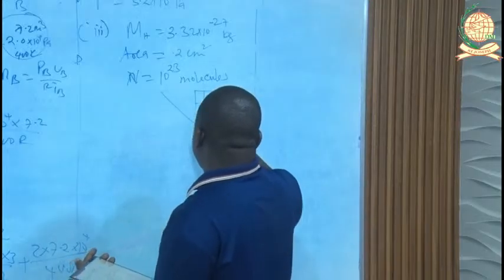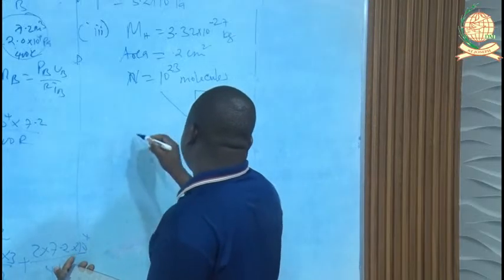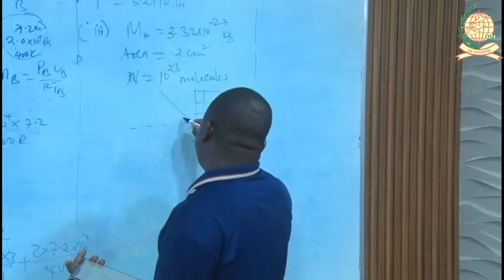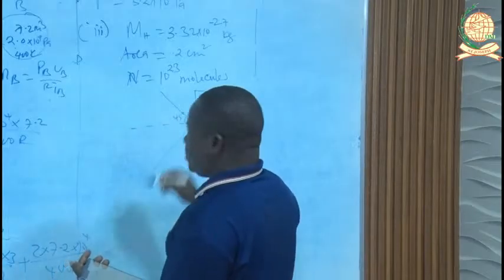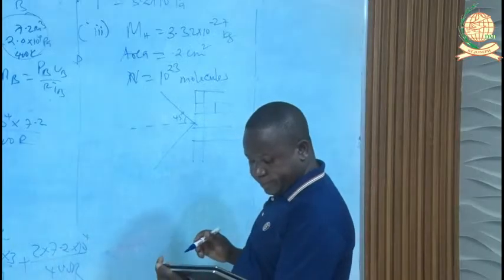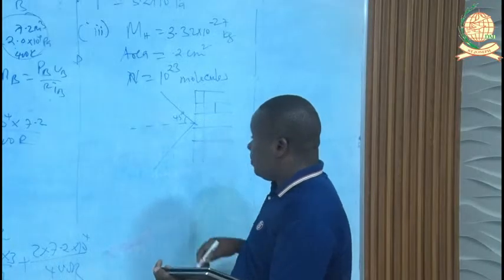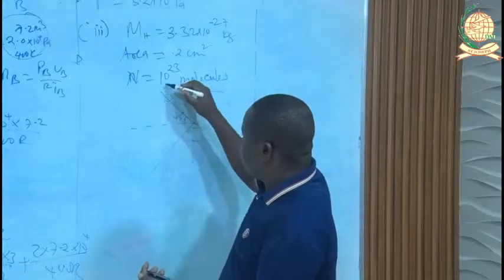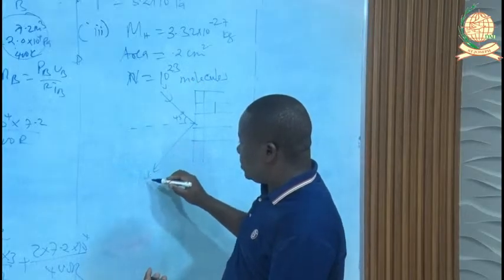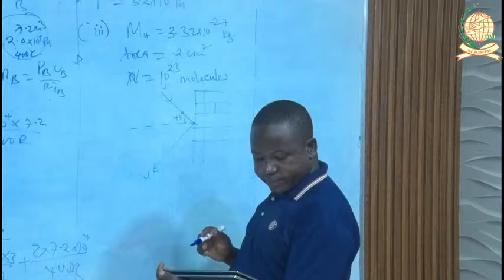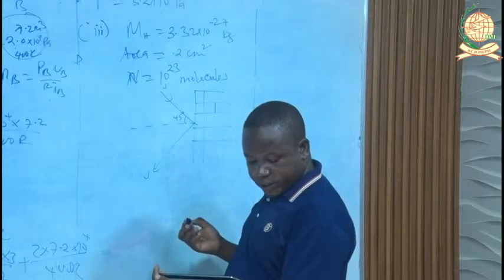So this is the striking and the rebouncing at angle 45 to the normal, with the velocity v and escaping with the velocity v. So what is the question?